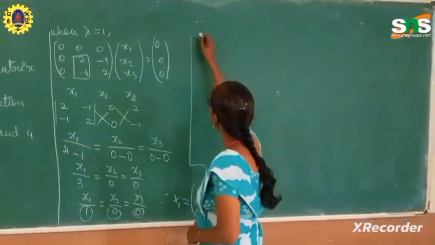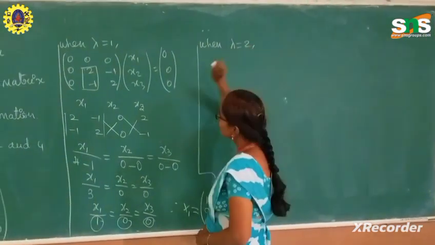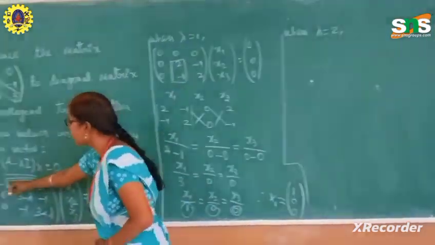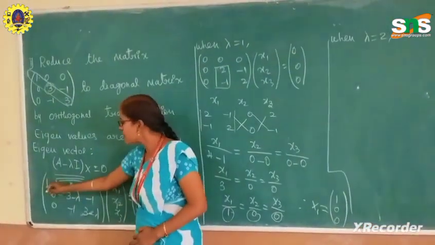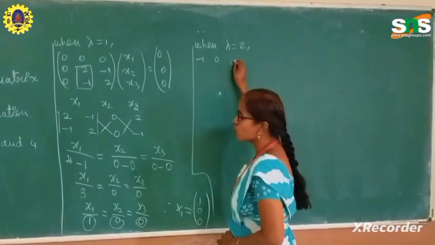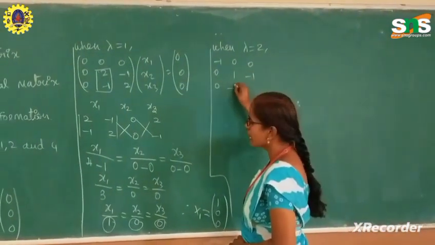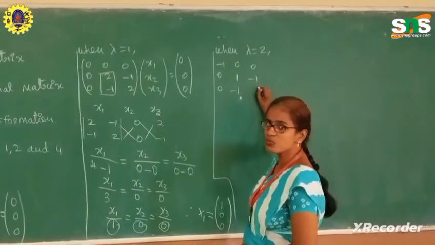So the next case is when lambda equal to 2. The same thing, now we put the lambda value as 2. So 1 minus 2 is minus 1, then 0, 0. The next row is 0, 1, minus 1. Then 0, minus 1, 3 minus 2 is 1.